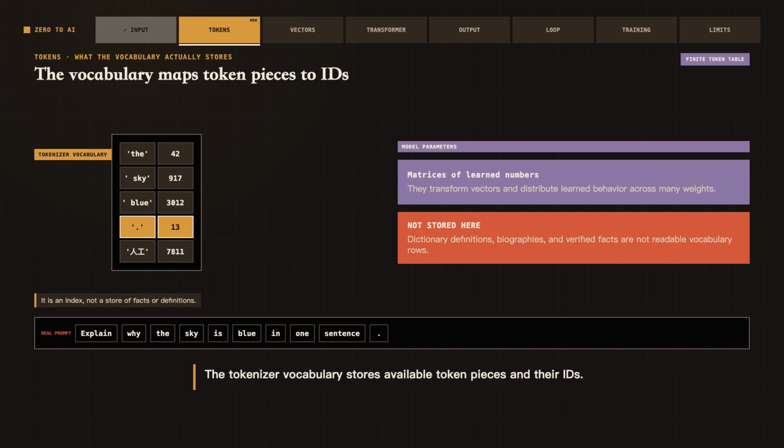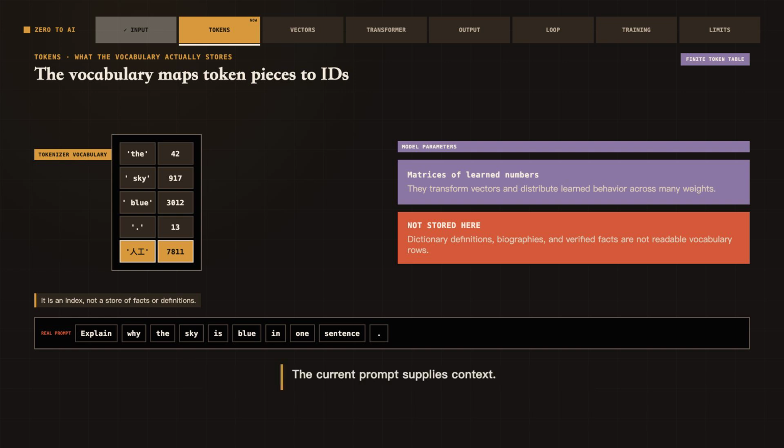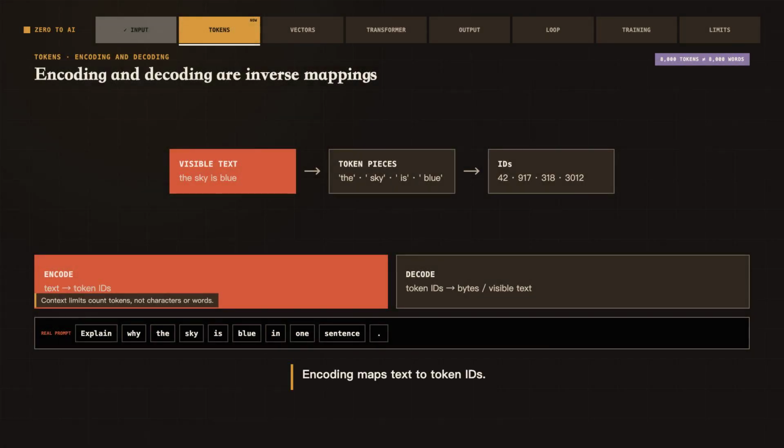The tokenizer vocabulary stores available token pieces and their IDs. The model parameters store learned numbers used in transformations. The current prompt supplies context. External tools may supply additional facts. These are different objects. Encoding maps text to token IDs. Decoding maps token IDs back to text pieces and then to visible text.